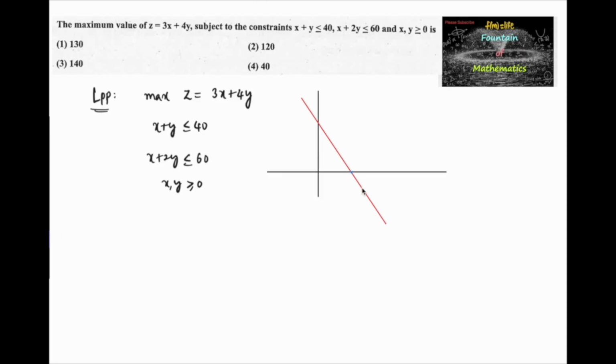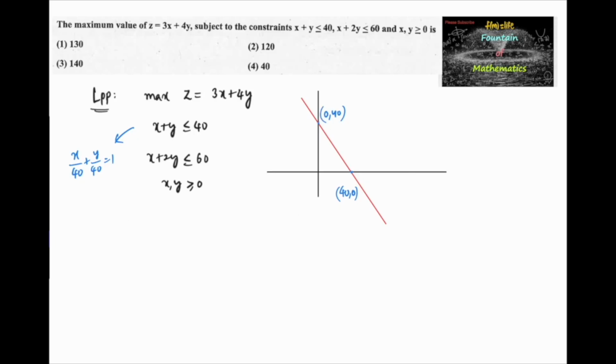Say here is the point. This is a line equation. First line, x upon 40 plus y upon 40 is equal to 1. The line equation of the inequality. So we can say this is 40 comma 0 and this is 0 comma 40.